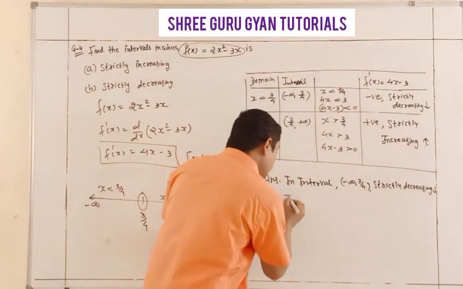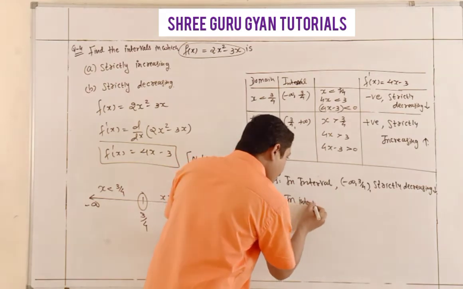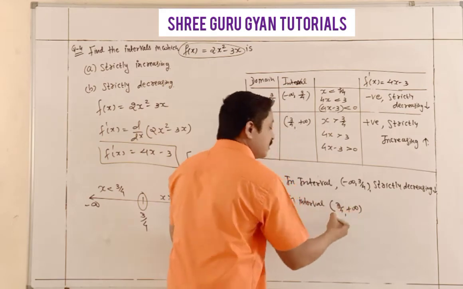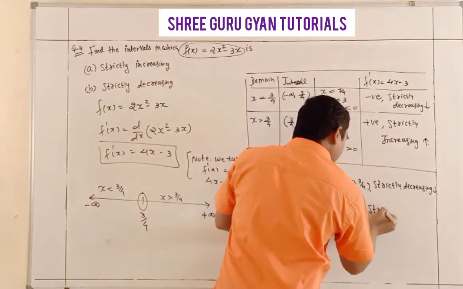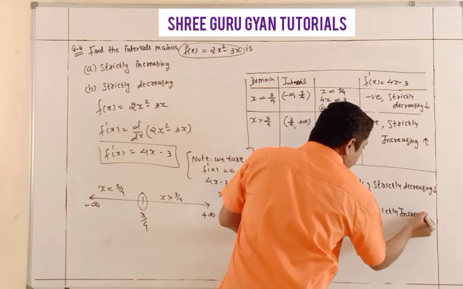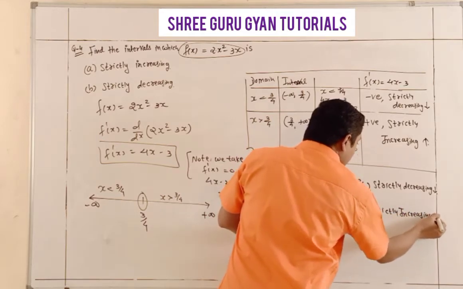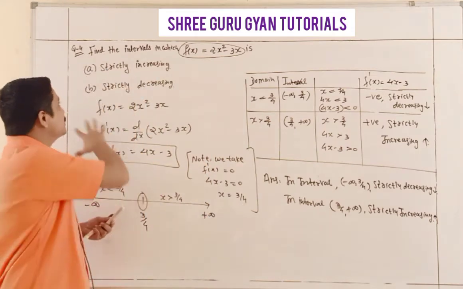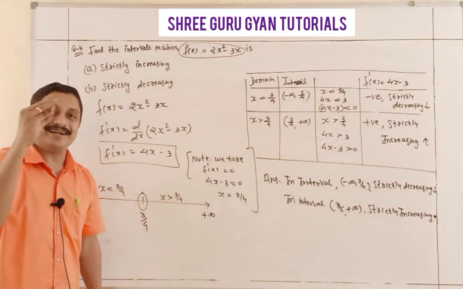And in the interval 3/4 to plus infinity, it is strictly increasing, and here your answer is upwards. Second one upwards and first one downwards. Here students, your question 4 is happily done.